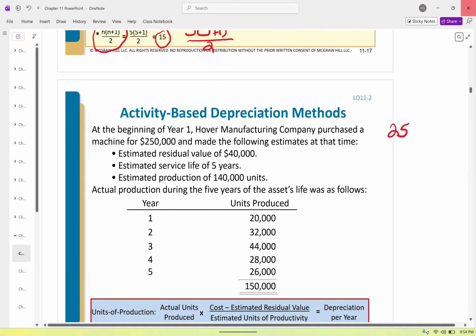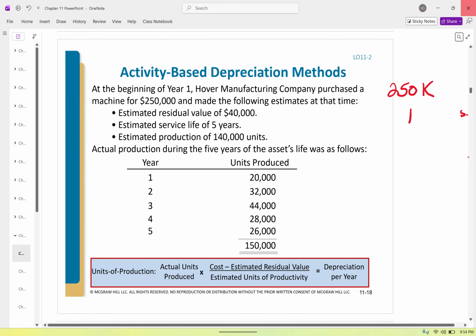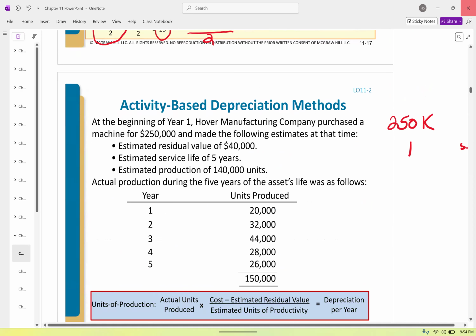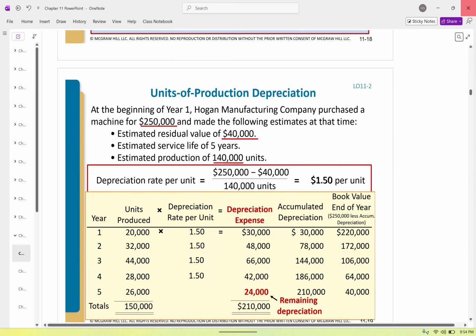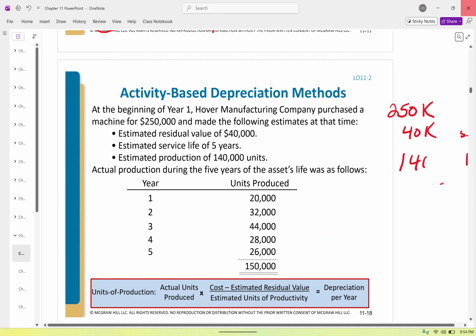We have our cost, 250K, residual value of 40K. We don't need to use the 5 years. We're going to use 140K units.